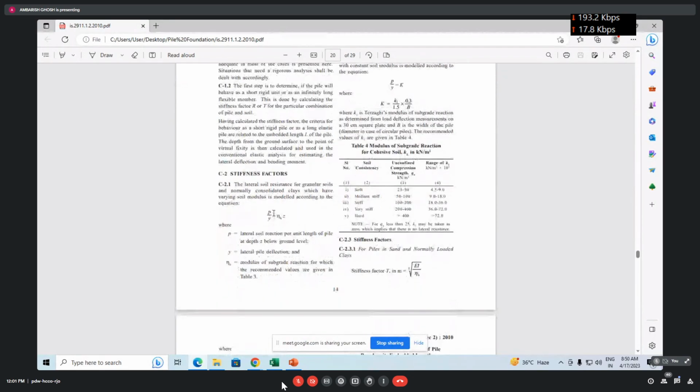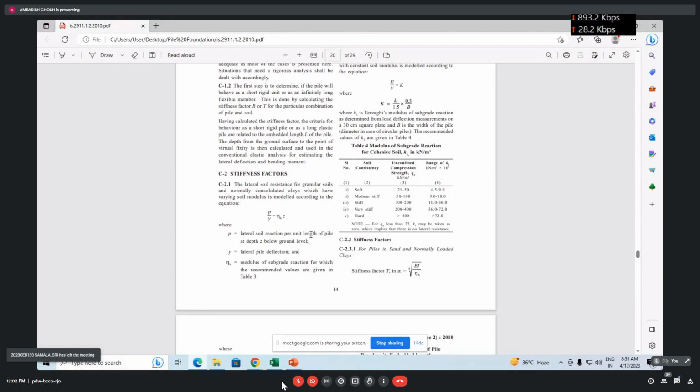Here you can see p by y is equal to eta h z. Eta h is the modulus of subgrade reaction for which the recommended values are given, and p is the lateral load reaction per unit length of the pile at depth z below the ground level. So this is basically some sort of modulus of subgrade reaction.